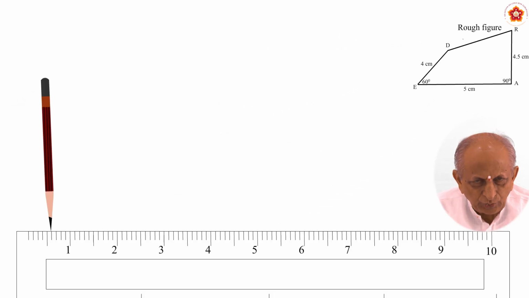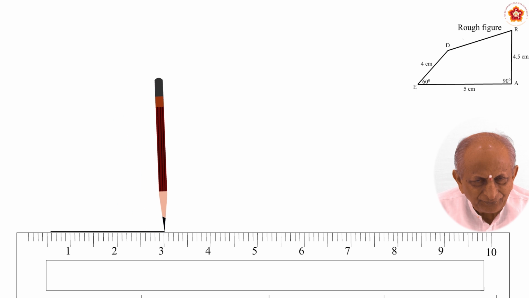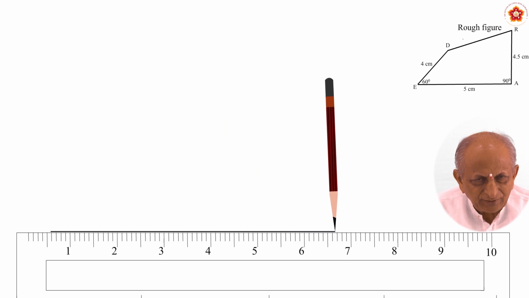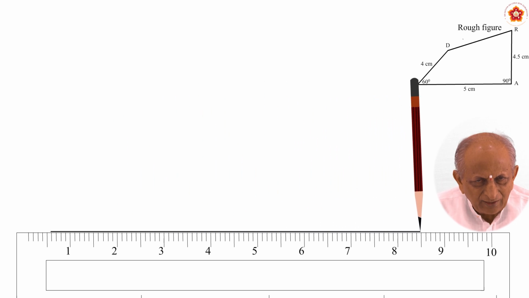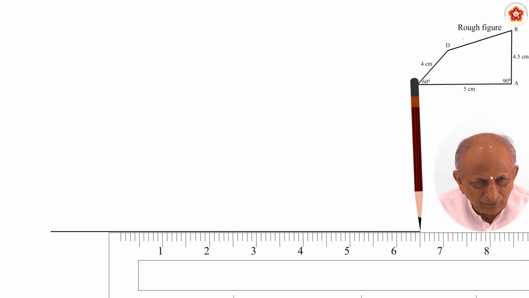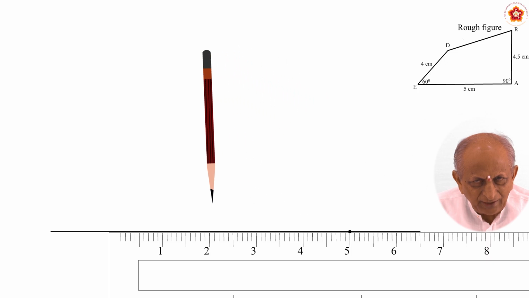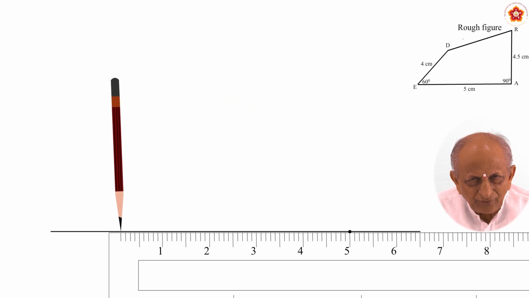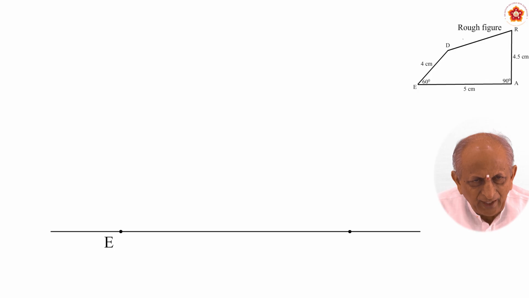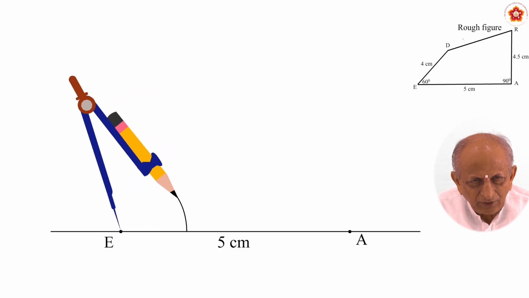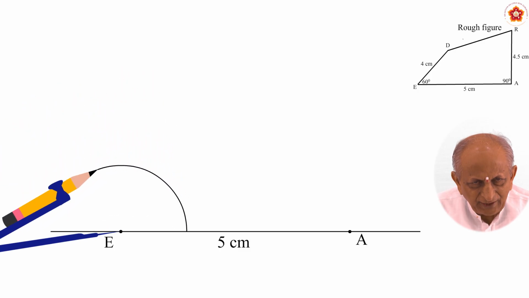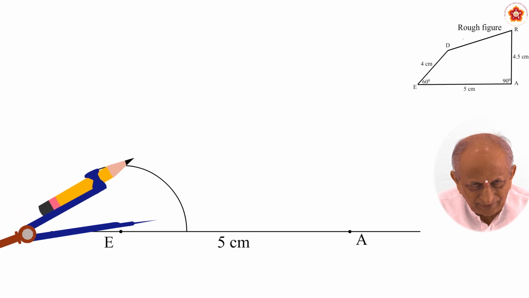Now let us try to do that figure. Are you ready? Okay. Take a geometry box. Take out pencil. Take out scale. So take a line EA. Draw a line EA of length 5 centimeters. At E, you must construct an angle of 60 degrees using compass.